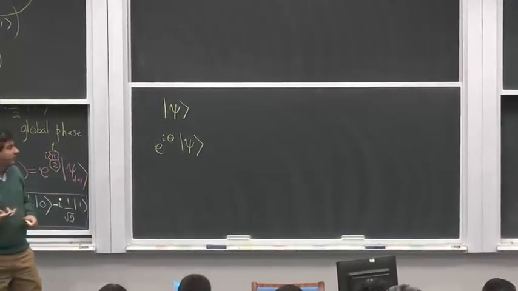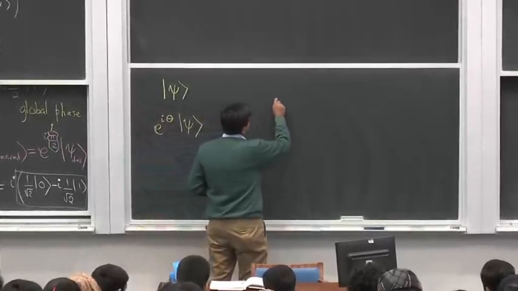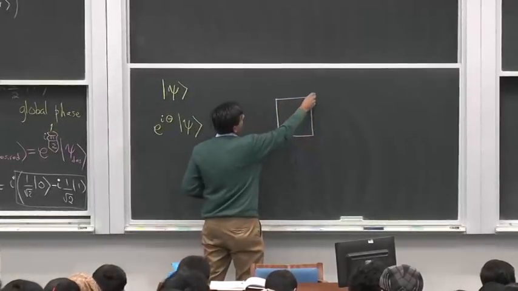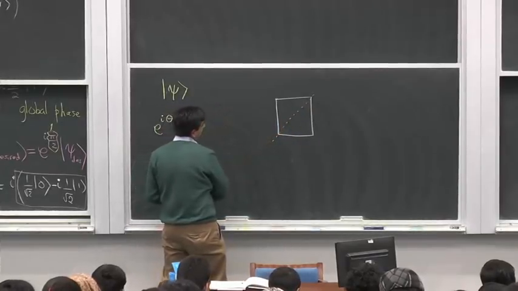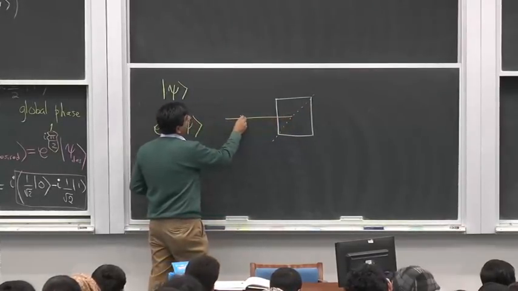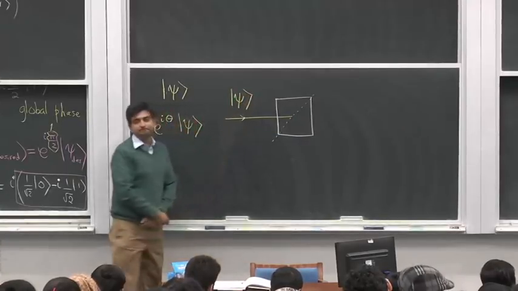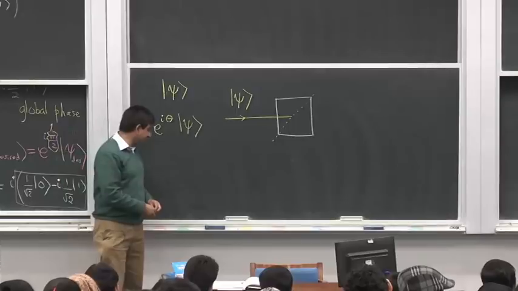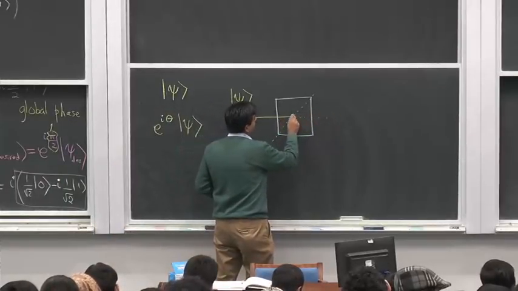Let me give you a motivation for this. Suppose I have a beam splitter and some input comes in. Let's say the input that comes in is psi. And the beam splitter has a property that it gives you two output beams.